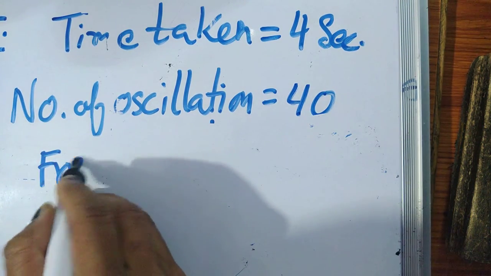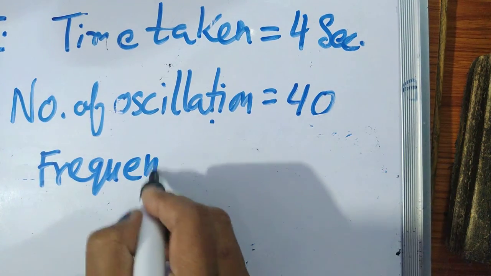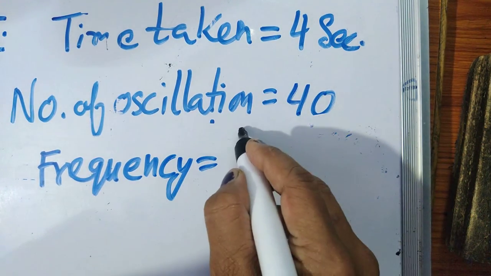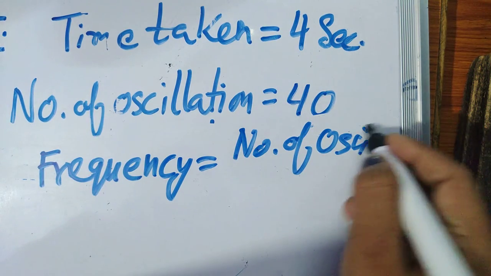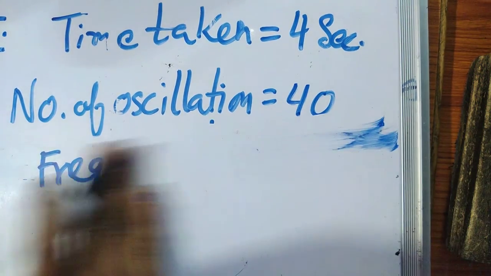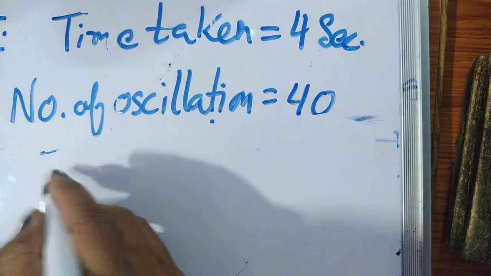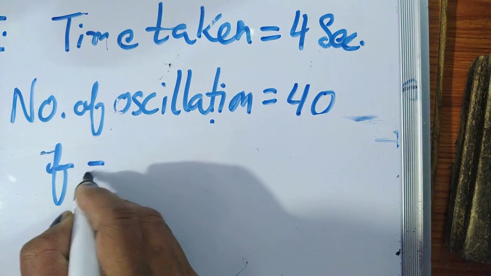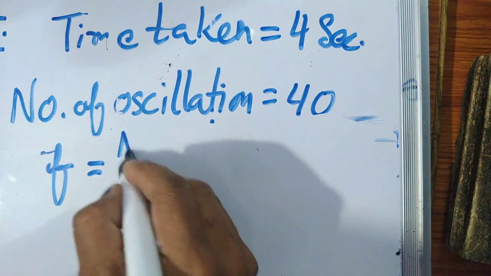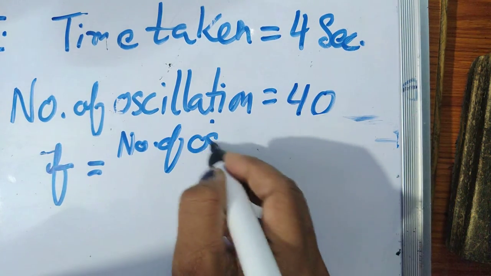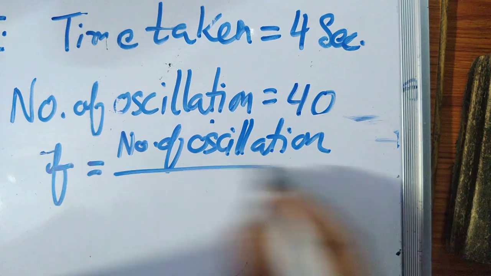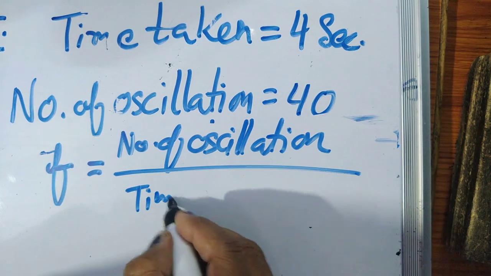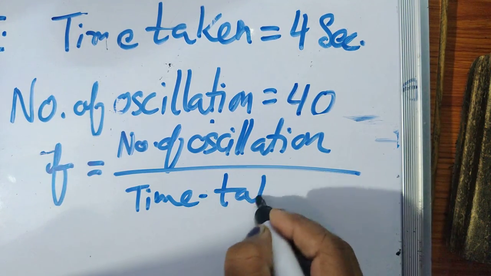Frequency is denoted by f. Let me write here: frequency is equal to the number of oscillations upon time taken. Got it?